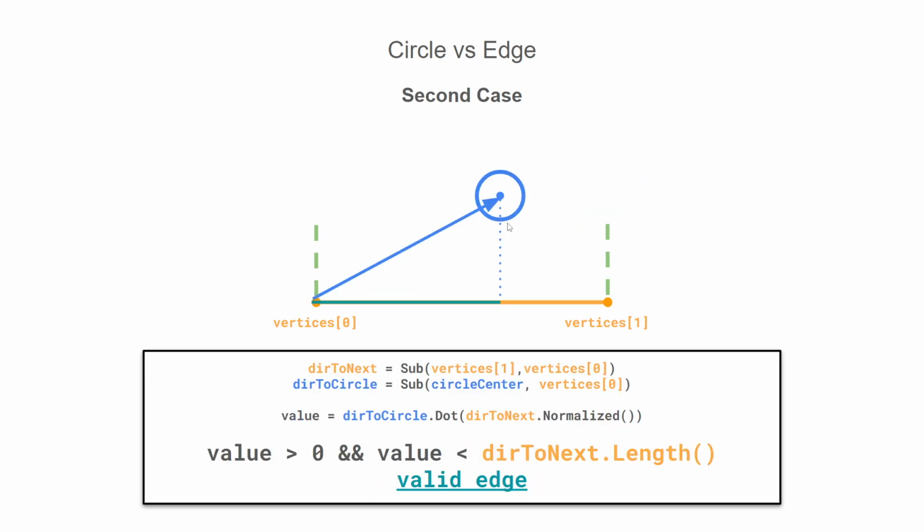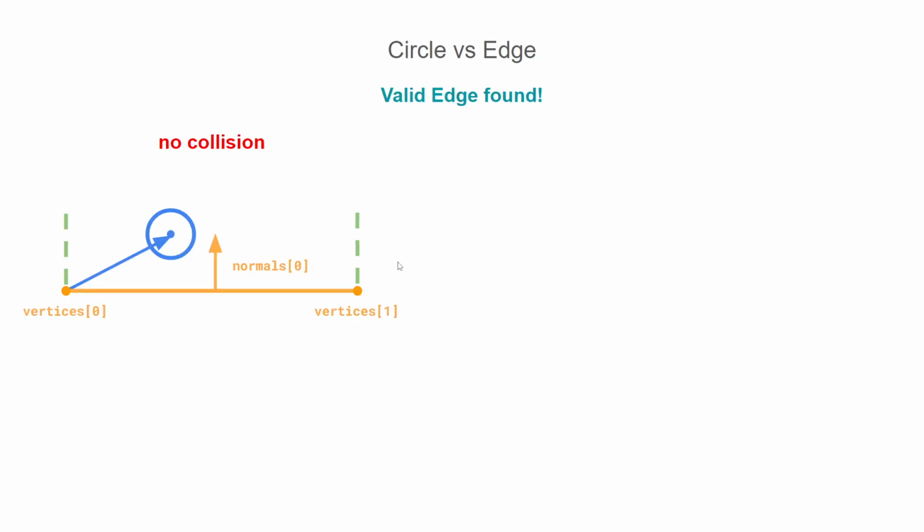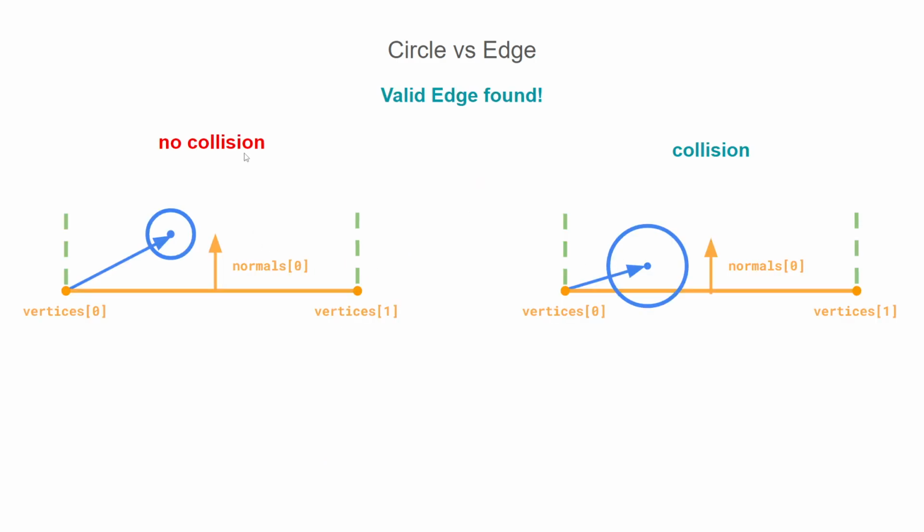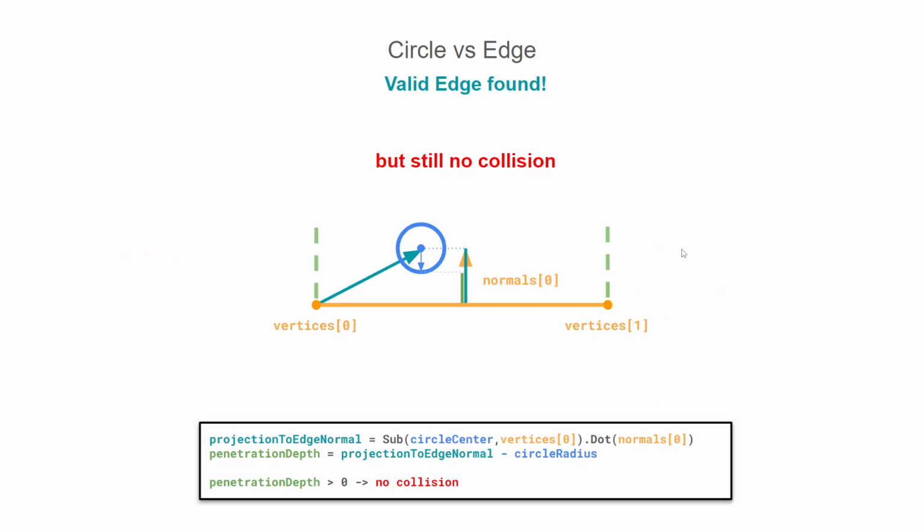And if the circle lies in the right area, like in this one, then we have to check again for two cases. These are the cases for no collision and collision. And here we need to check if the circle is actually penetrating the polygon edge.